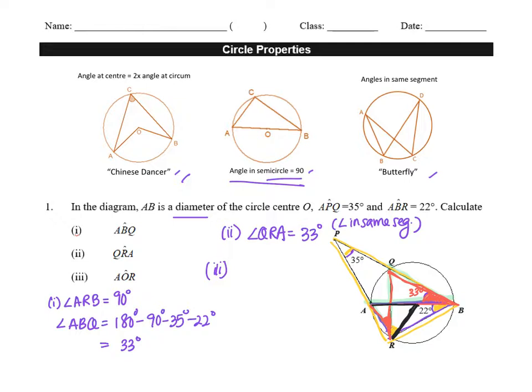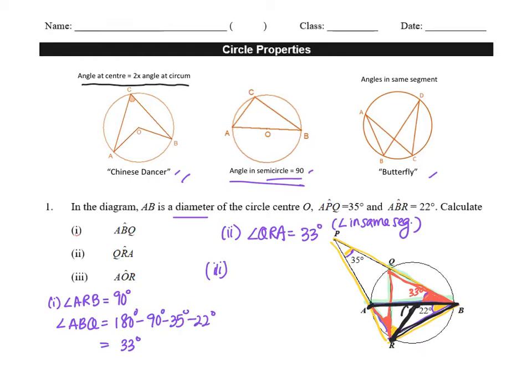Well, property number 1 says angle at the center is twice the angle at the circumference. Can you identify the Chinese dancer? Now, the feet of the Chinese dancer are A and R, center O. So A and R must now go to the circumference. Where can we go to? Oh, I can see AR to B.